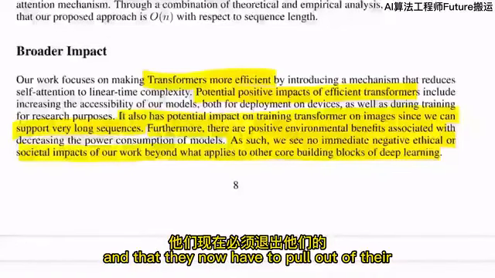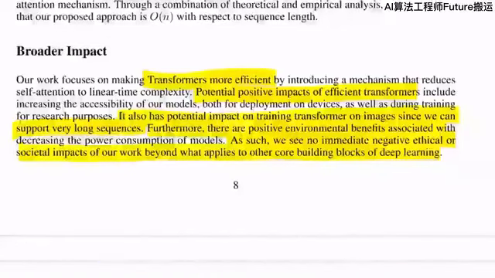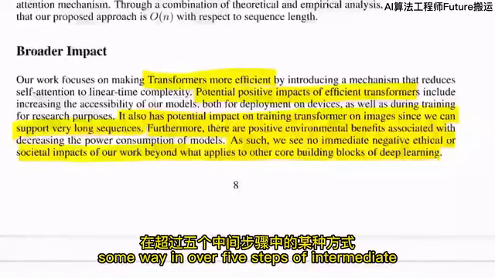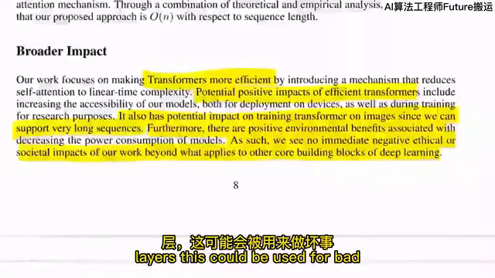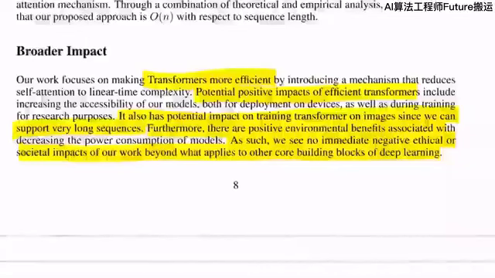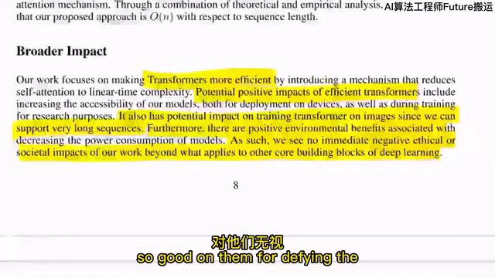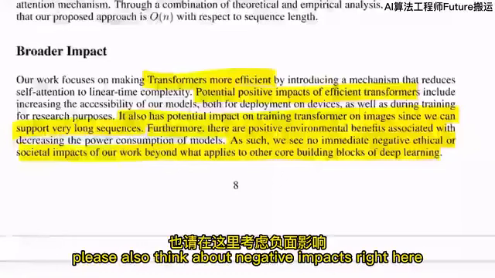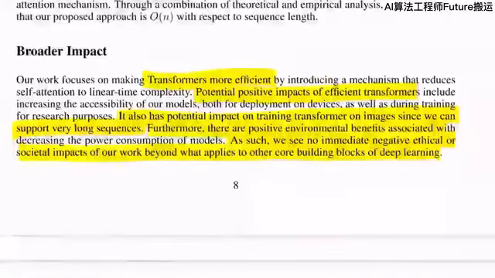And that they now have to pull out of their butt some way in over 5 steps of intermediate layers, this could be used for bad. It just seems ridiculous. So good on them for defying the request to please also think about negative impacts right here. All right, back to past Yannick.